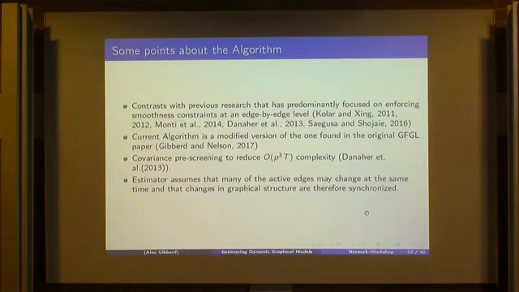In this case, I am not quite sure how to do that, but that could be an idea where people can use this kind of pre-screening to reduce the complexity. And the last one, which I mentioned previously as well, is that many of the active edges may change at the same time, and that changes the graphical structure, so it's more like a synchronized change in the graphical model structure rather than a node level change.